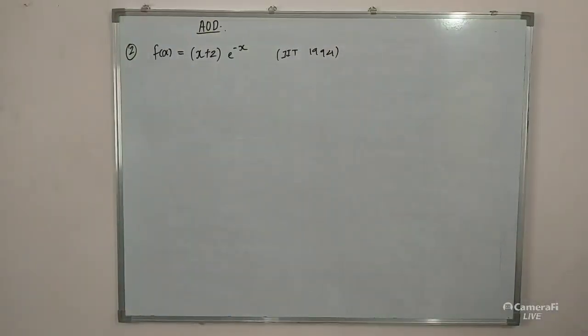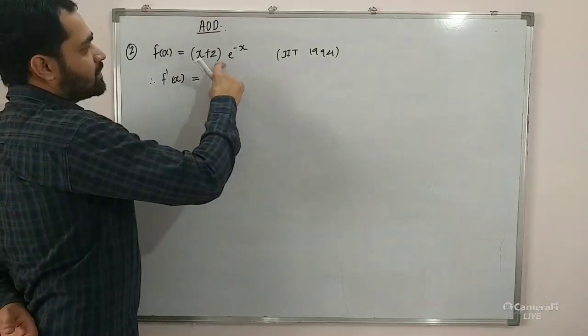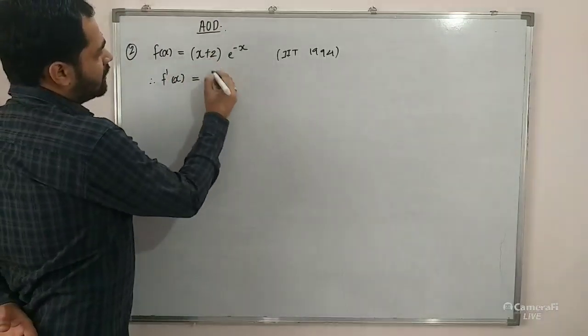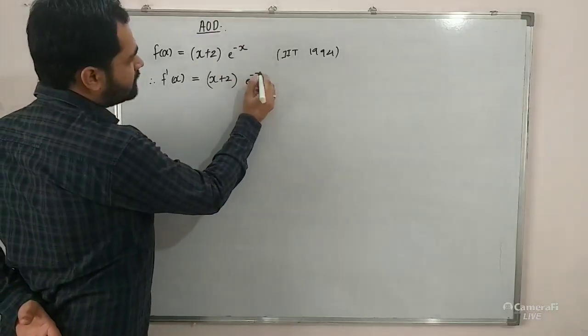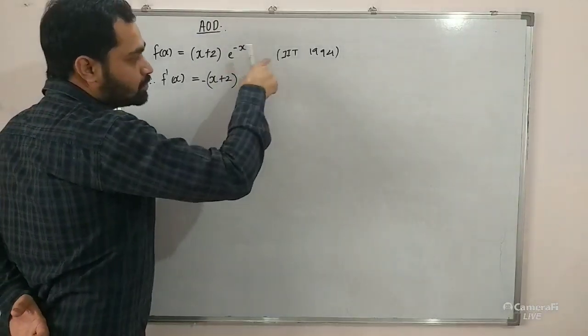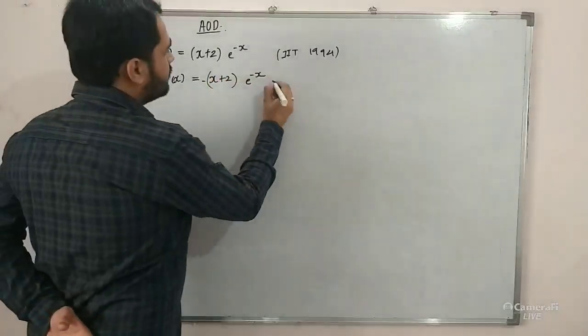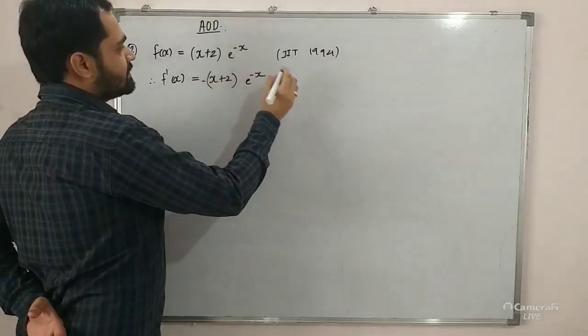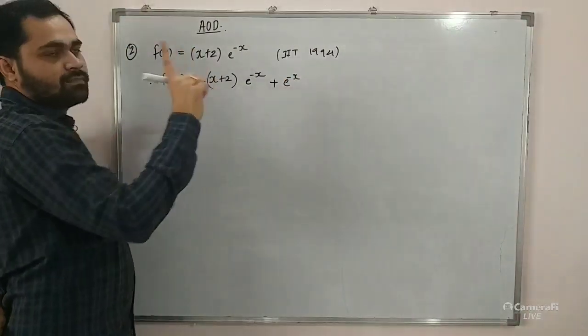First of all, for finding the critical points, we have to compare f dash of x of this function with 0. Keep the first term outside, that is x plus 2, and take the derivative of the second term, which is e raised to minus x into the derivative of minus x, which is minus 1. So I put a minus sign before it. Plus the second term outside, e raised to minus x, and the derivative of the first term is 1.